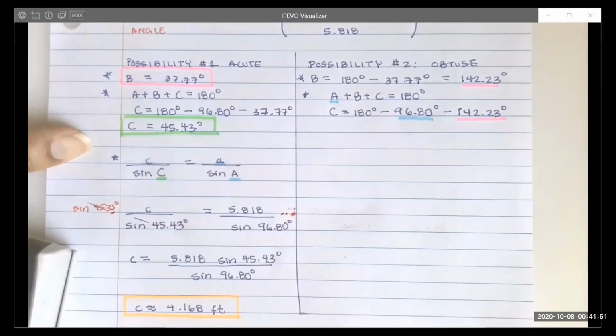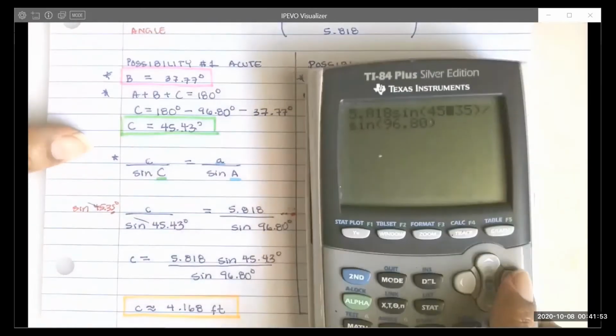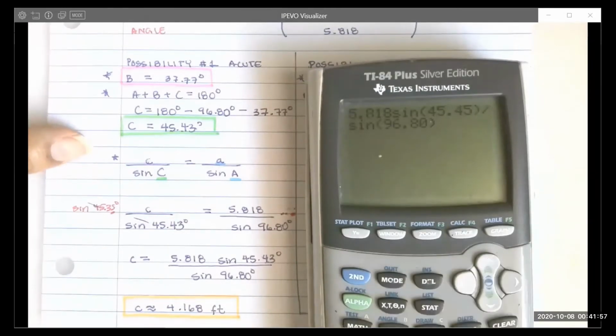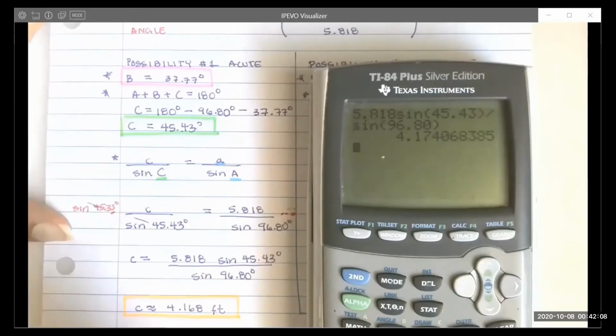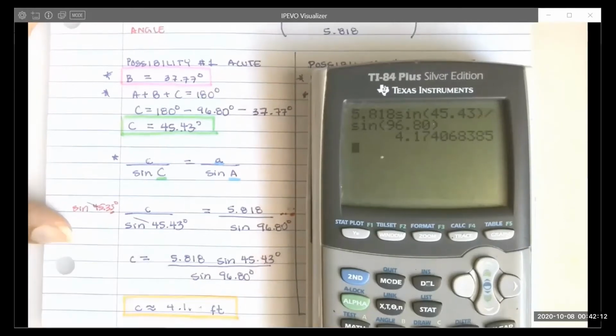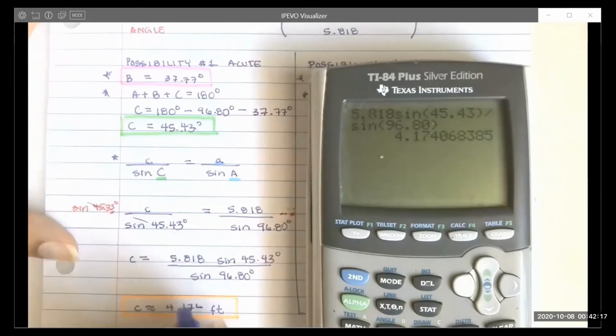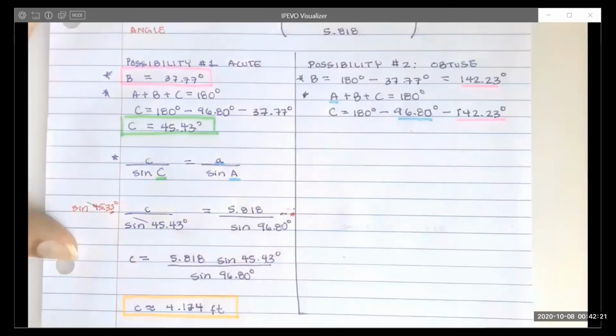Okay, so in the calculator, if instead of having 45.35, I have 45.43, and I enter this calculation, I'm going to get 4.170. So these are going to change. 1,740, so just 174. Okay.